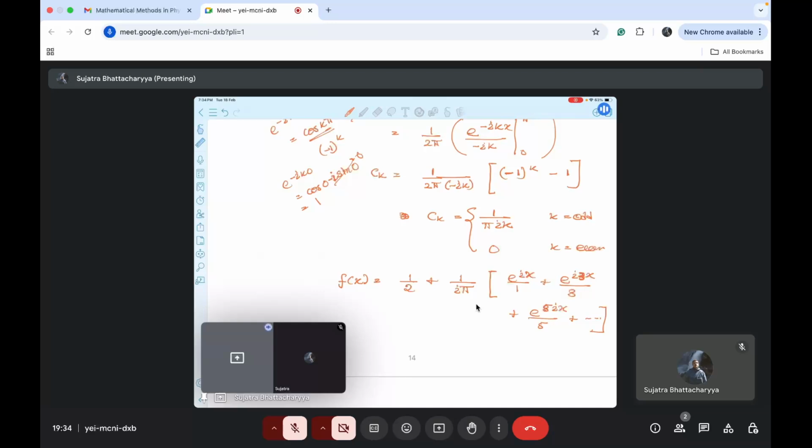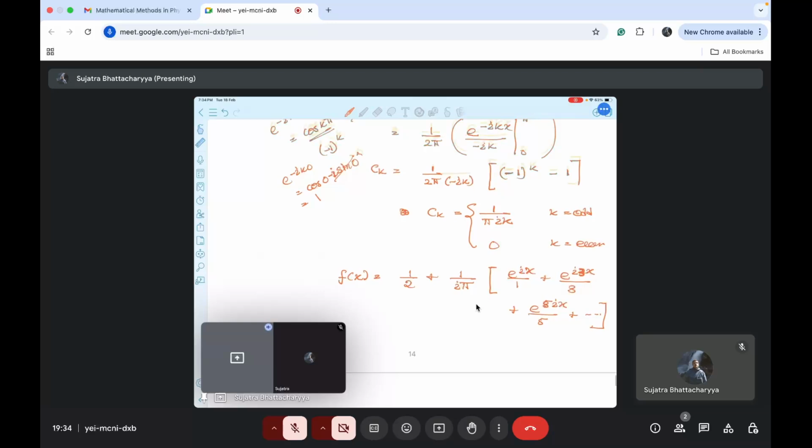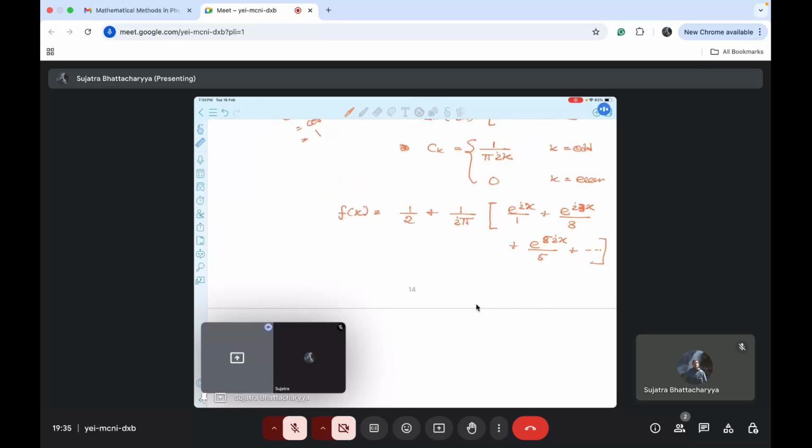Also, just remember this is the complex form, so the negative k will also exist. So be careful. This will be minus iota pi, because negative k will also be there. It's best to first write it as C naught plus the sum over k from minus infinity to infinity, k not equal to 0, of Ck e to the power ikx.